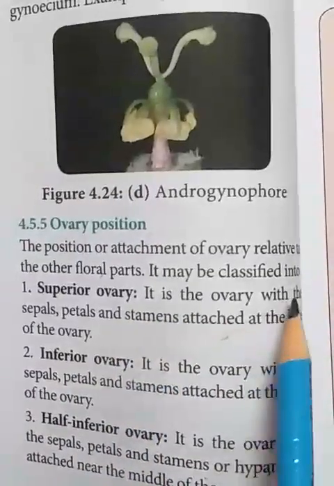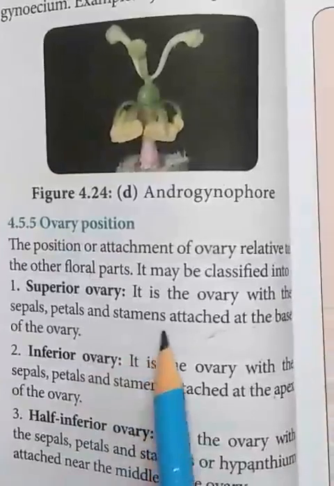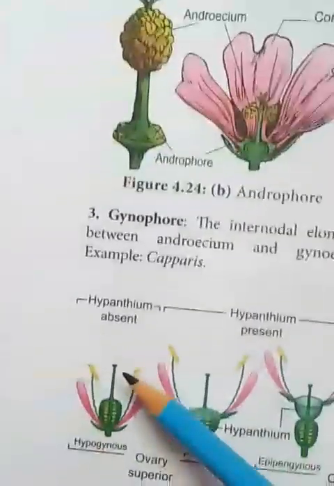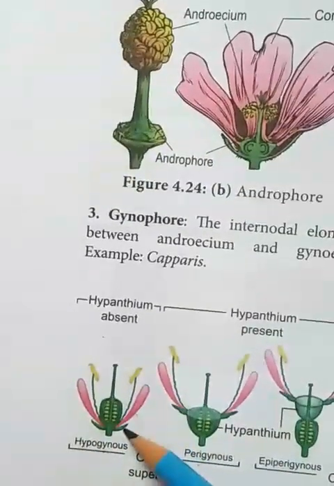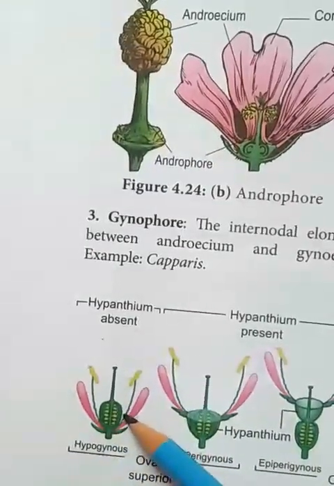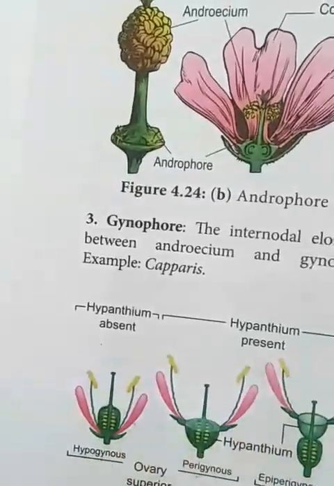It is the ovary with the sepals, petals and stamens attached at the base of the ovary. You can see this in this diagram. This is the ovary. The sepals, petals and stamens arise from below the ovary. This position of the ovary is said to be a superior ovary.